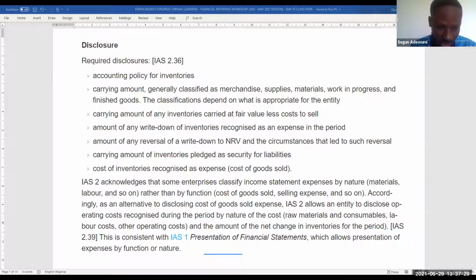Accordingly, as an alternative to disclosing cost of goods sold expense, IAS 2 allows an entity to disclose operating costs recognized during the period by nature of the cost, raw materials and consumables, labor costs, other operating costs, and the amount of the net change in inventories for the period. IAS 2, paragraph 39. This is consistent with IAS 1 presentation of financial statements, which allows presentation of expenses by function or nature. Thank you very much.